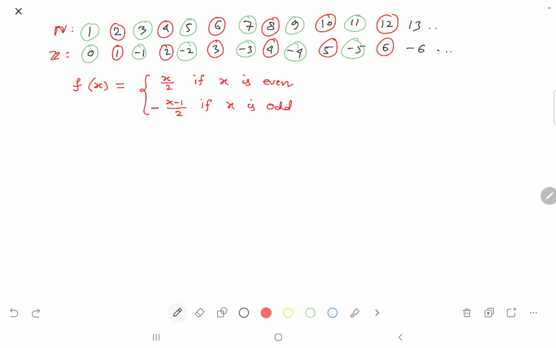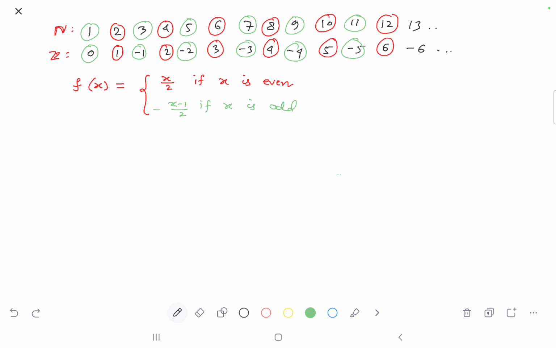So the green part, let me put here the green color, because we are using green: minus of x minus 1 divided by 2, if x is odd. Fine? So that is the idea.